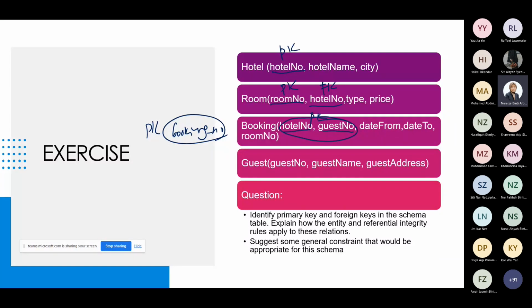Date, then room number. Room number is a foreign key. All right. Guest number, primary key, guest name, guest address. So this is one definition. Maybe you are asking, is there a situation where we can have multiple attributes as a primary key? Yes, we usually have two as the primary key.